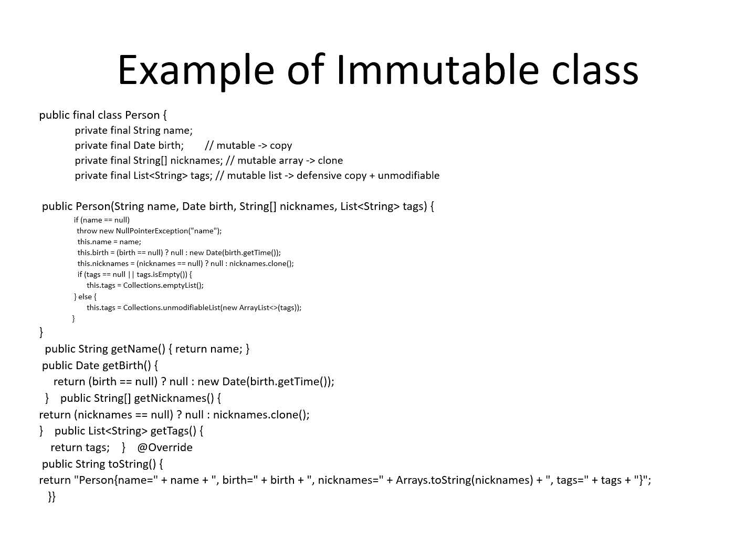Let's see an example of an immutable class. Here is a simple example. Notice how the class is final, fields are private and final. The constructor copies the mutable inputs. That's how you can make sure no one can modify your object after creation.